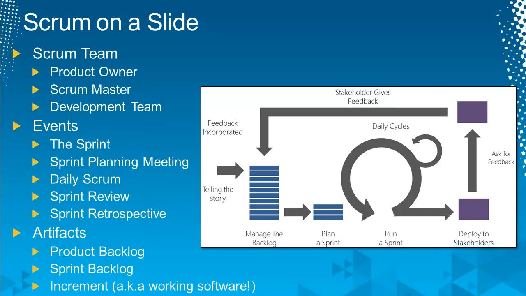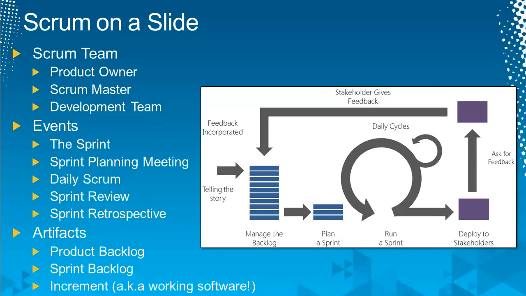Then the product owner says, okay, I want these priority 1, 2, 3 things delivered as soon as possible. During the sprint planning meeting, the Scrum team collaborates. They discuss the effort involved, the risks, some technical dependencies. They write up a sprint goal and commit to delivering it. Then the sprint begins, typically 2 to 4 weeks in length.